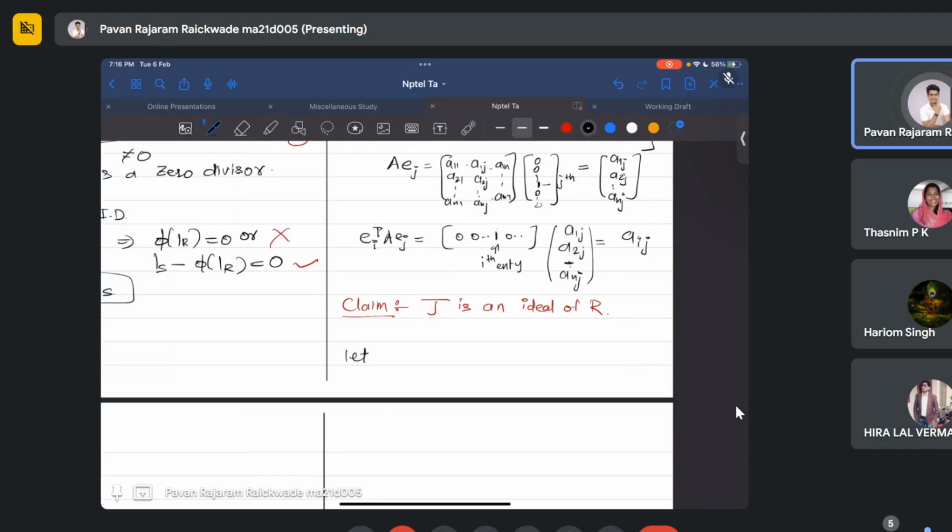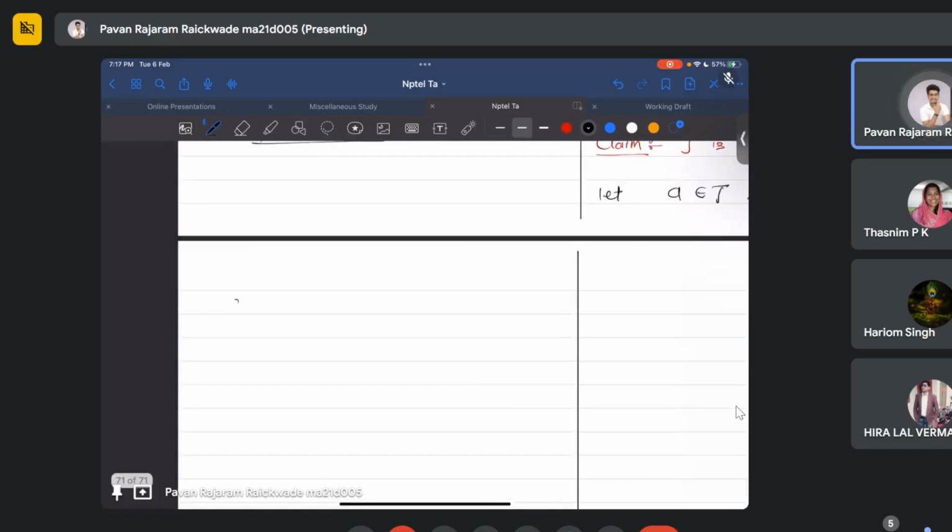Let's take an element, say a belongs to J, and an element r belongs to capital R. What does it mean? a belongs to J implies a equals e_i transpose A e_j for some i, j in 1 through n, and A belongs to I. I is an ideal of your ring Mn over R, right?